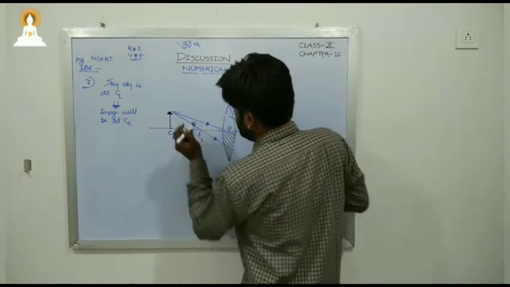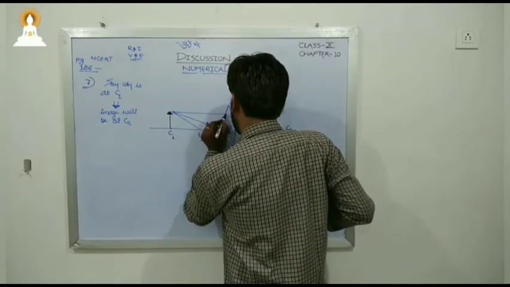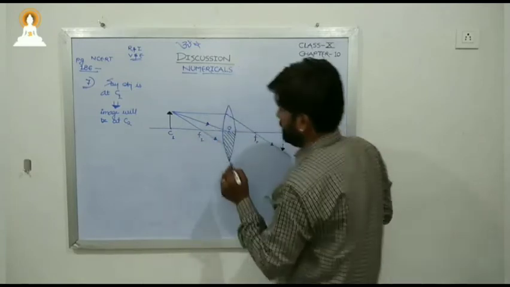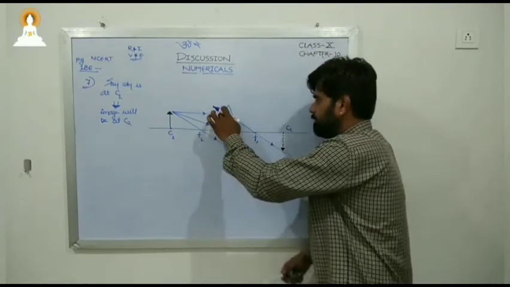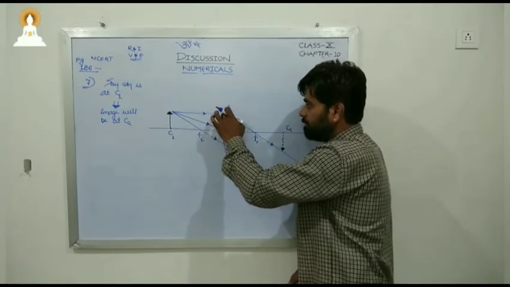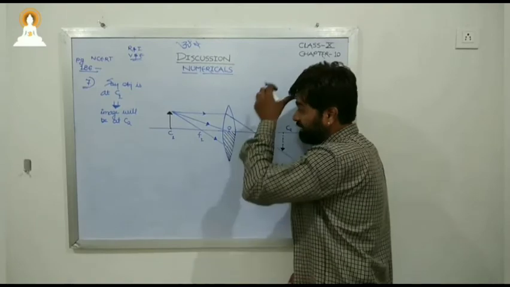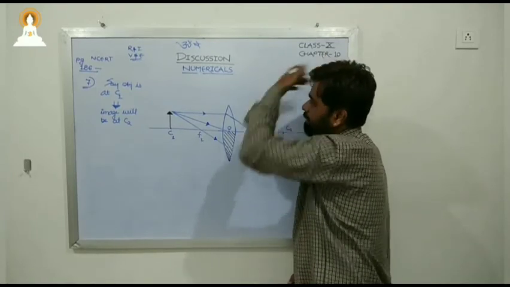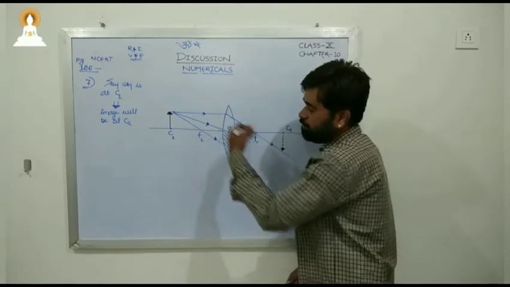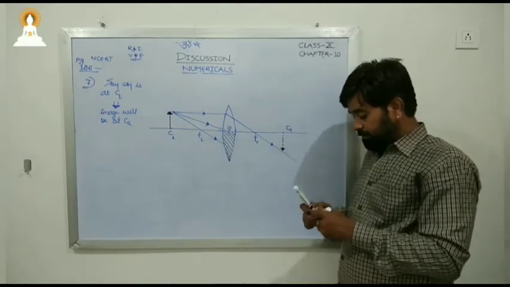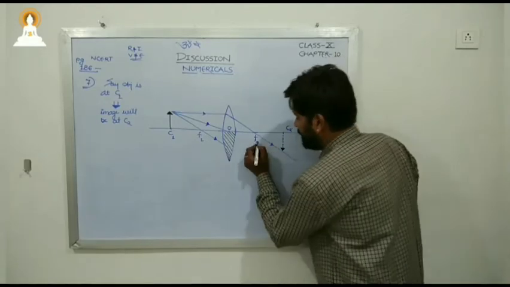Like this. Now, in between, too many rays are there. We know that when the light is parallel to the principal axis, it will pass through the focus. The rest of the lights will also move. It might be possible they are not following the focus, but still they are moving.